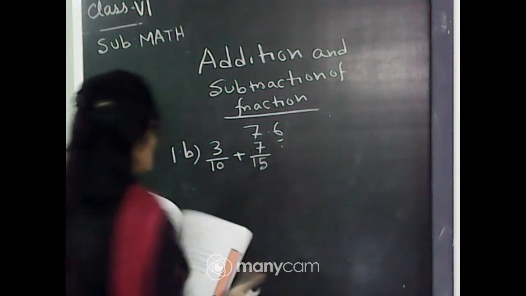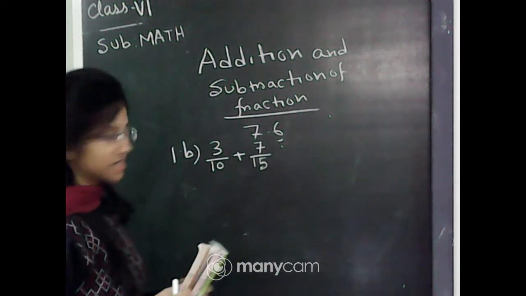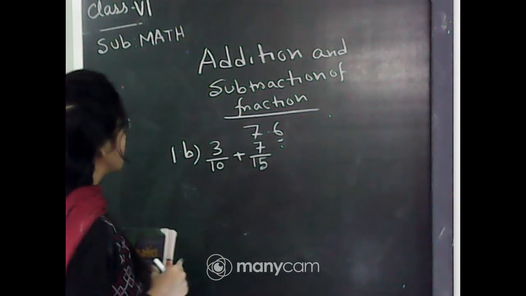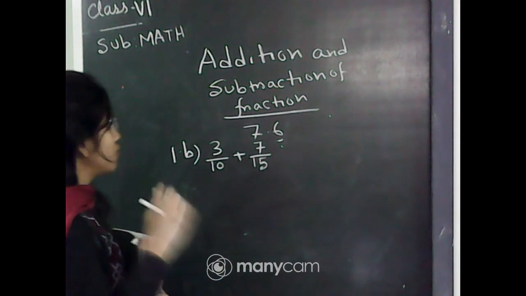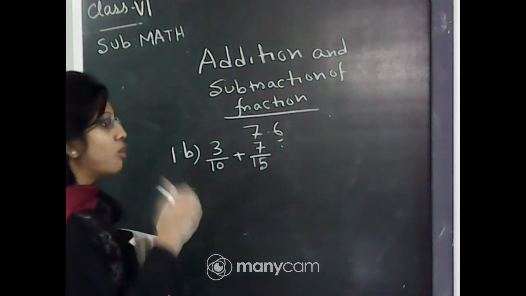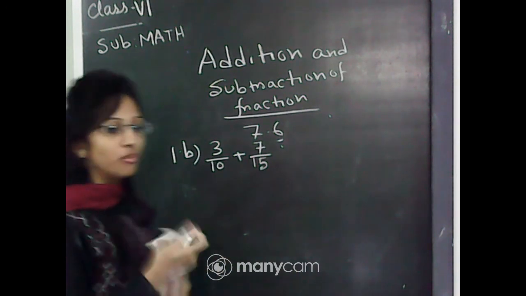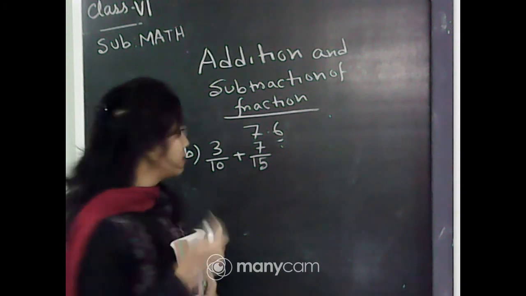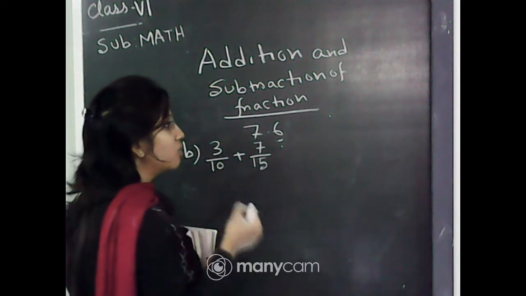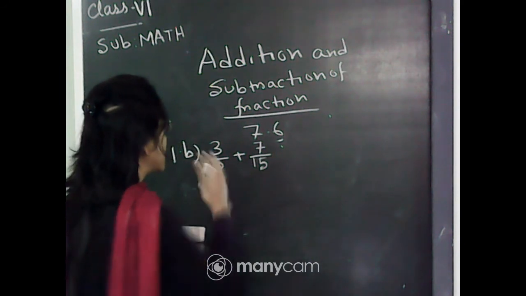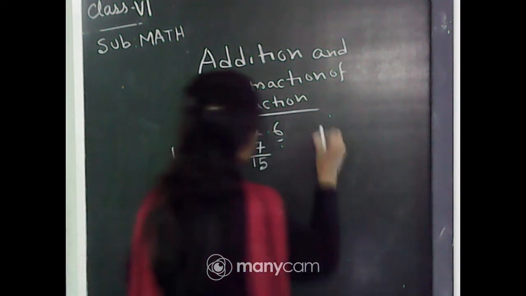Here the fractions are unlike fractions. Therefore, we need to find their equivalent fractions which have common denominator, and this common denominator is given by the LCM of 10 and 15. Now, we will find the LCM of 10 and 15 first.